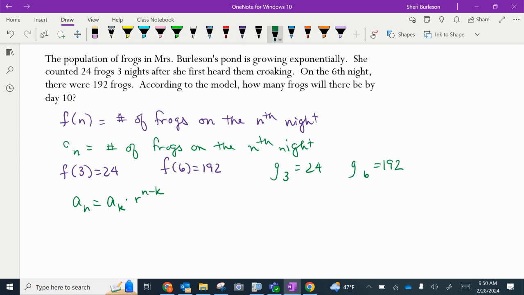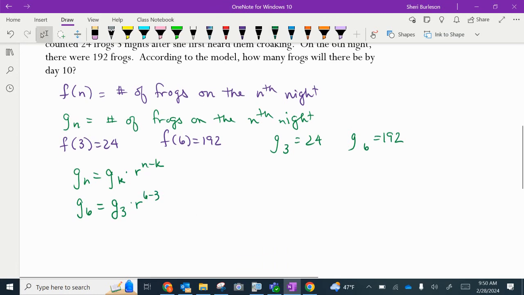I really don't care. Okay. So now I know G sub 6 is going to equal G sub 3 times R to the 6 minus 3. So I get 192 equals 24 times R to the third.